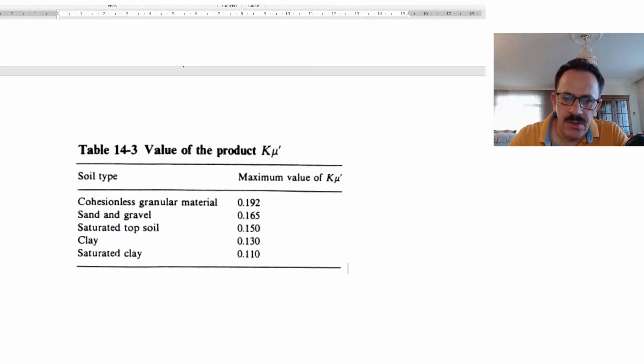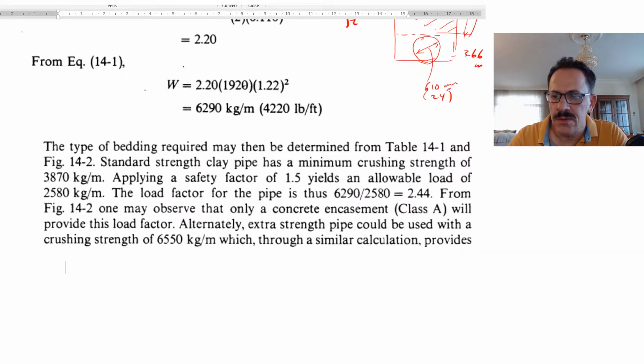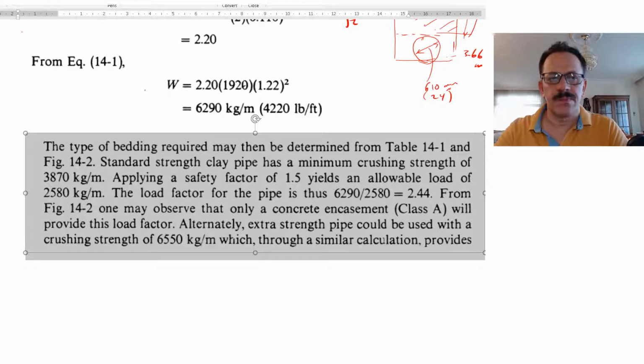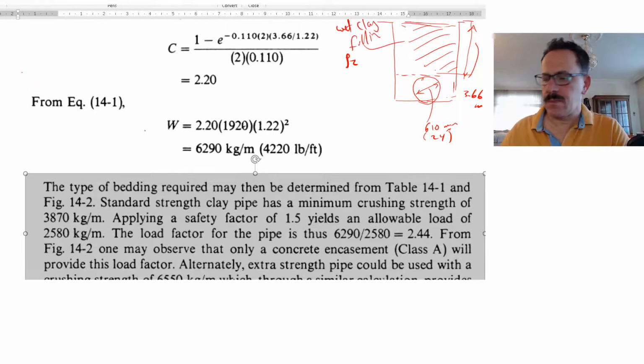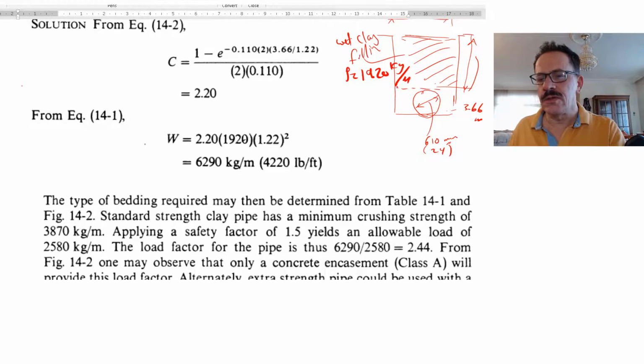So the W here is 1,920 kilogram per meter cube, which is the density.